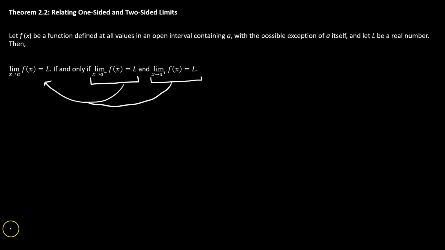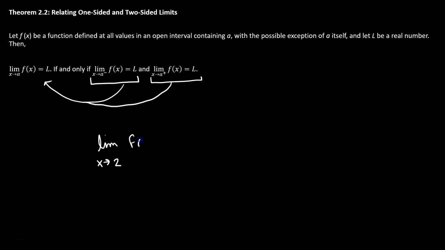So in the example where we made the left and the right-sided limits and they did not match, well then when it comes time to talk about the two-sided limit, so when we're talking about x approaching 2 from both sides, I'm not going to put a plus here, I'm not going to put a minus there, I'm going to leave it blank to say I'm approaching from both sides.